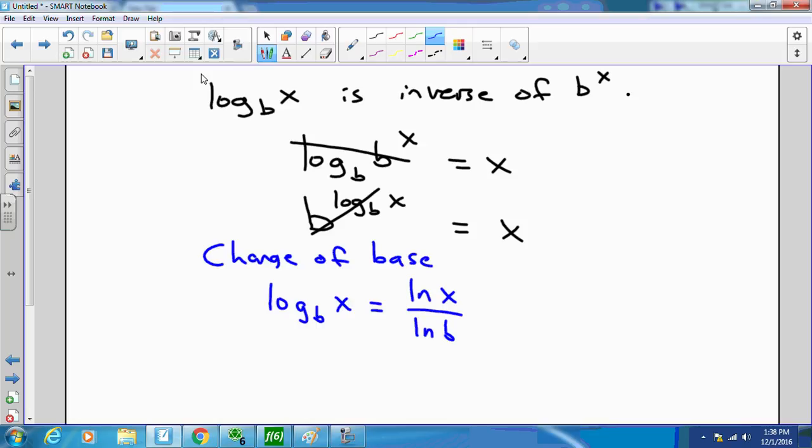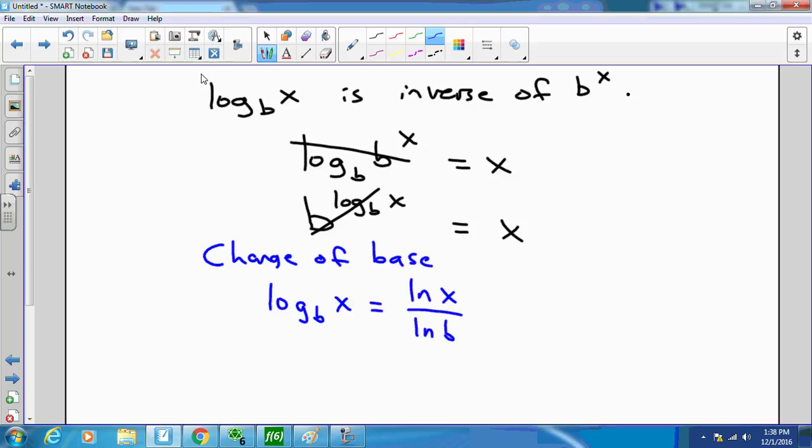And if we can understand that the log base b of x is the same as the natural log of x times a constant, then it will make intuitive sense to us that all the properties are the same, the graph is very similar, the stretch, and so on and so forth.